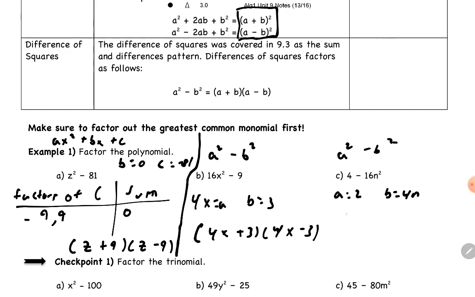So if I were going to do this, this would be 2 minus 4n, 2 plus 4n. Would that work? And it would.